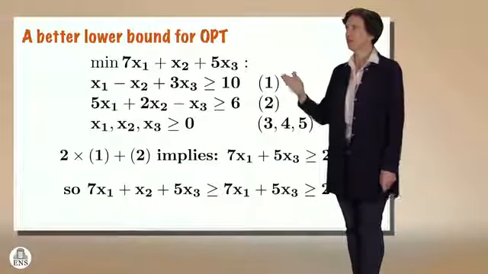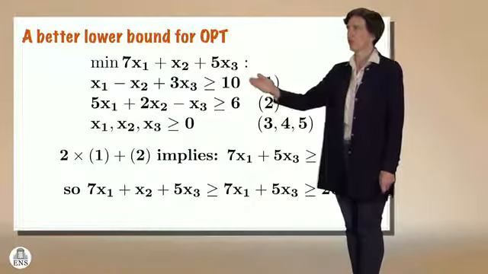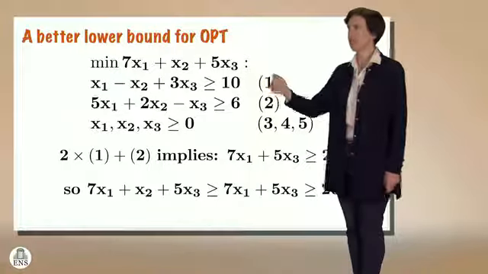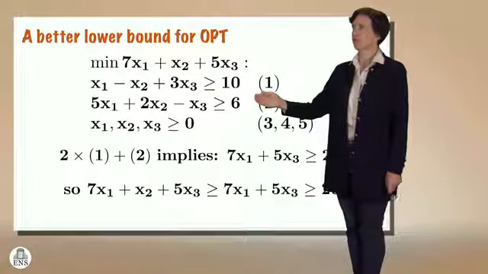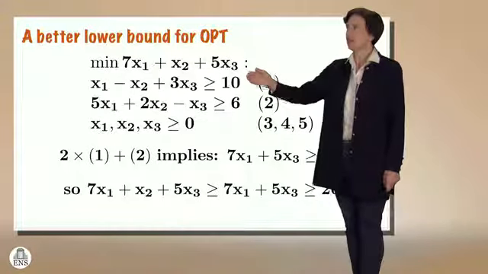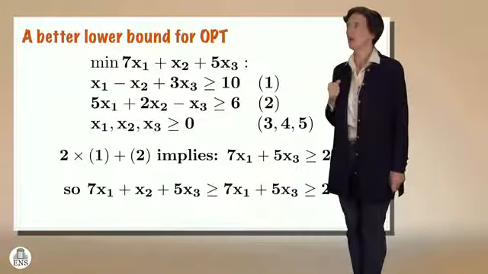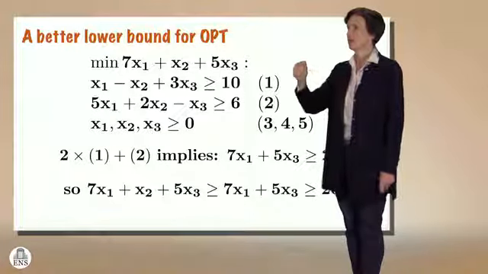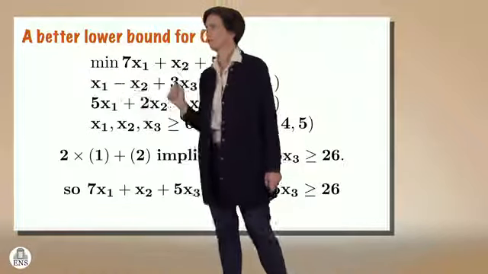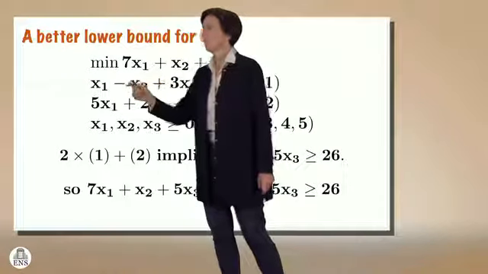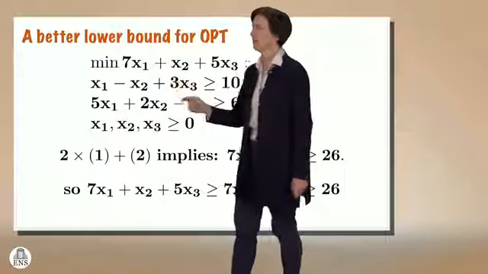Let's add 2 times the first constraint plus 1 times the second constraint. 2 times x1 minus x2 plus 3x3 and 1 times 5x1 plus 2x2 minus x3. If you add them, what do you get? You get 7x1, since 2 plus 5. Now what's the coefficient of x2? Minus 2 plus 2, 0. The coefficient of x3? 6 minus 1, 5.